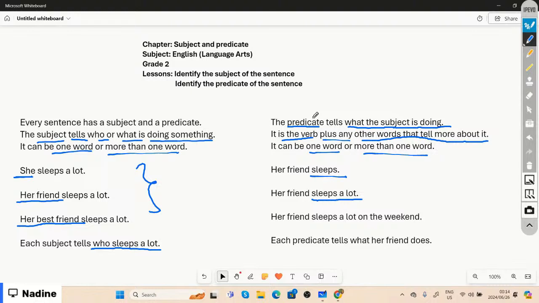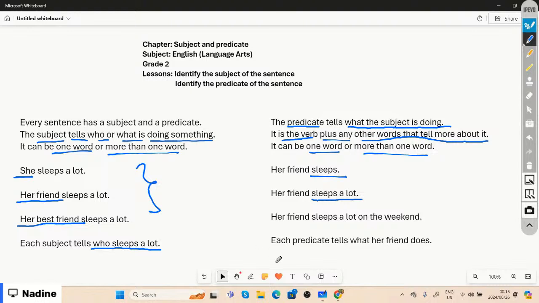All right, so the next one says her friend sleeps a lot on the weekend. We need to now say what the predicate is, or let's say what the verb is. The predicate tells us what the subject is doing, and within the sentence, the subject is her friend. So we need to say what her friend is doing.